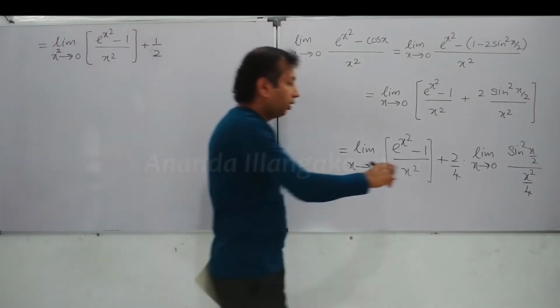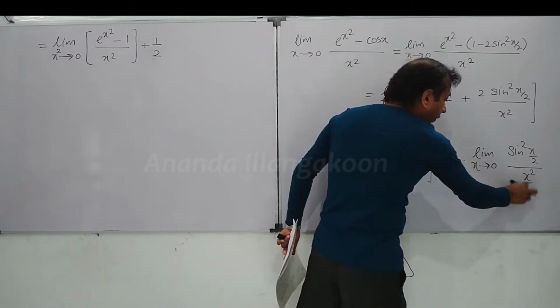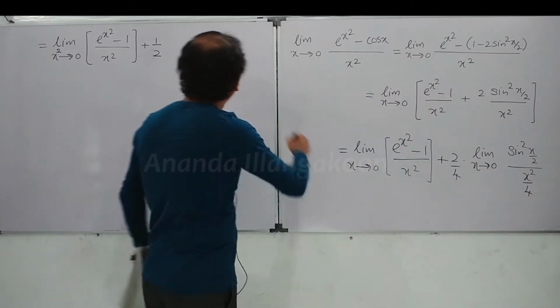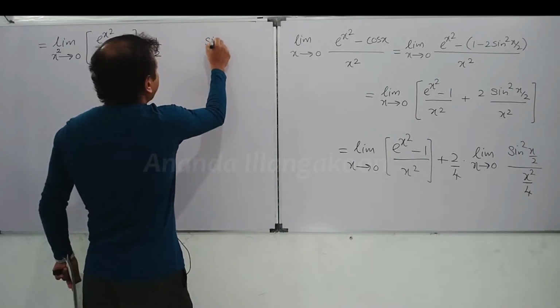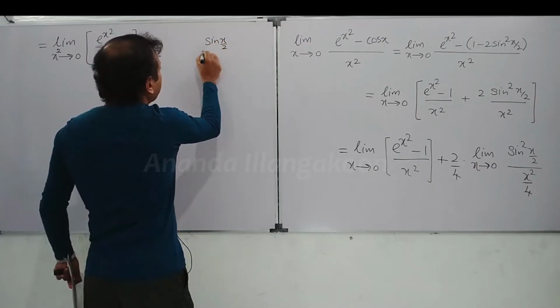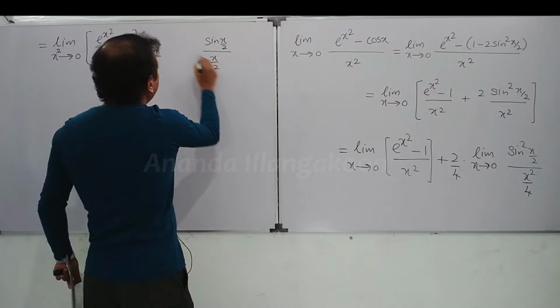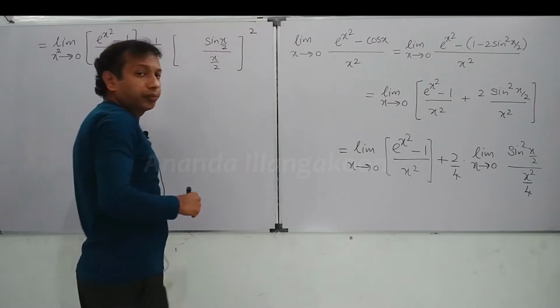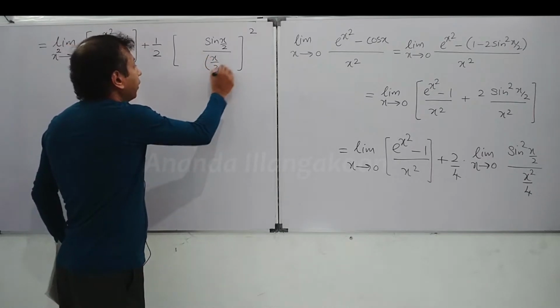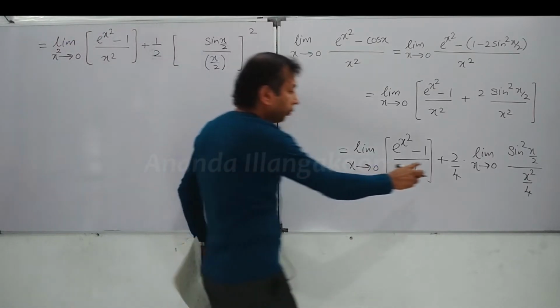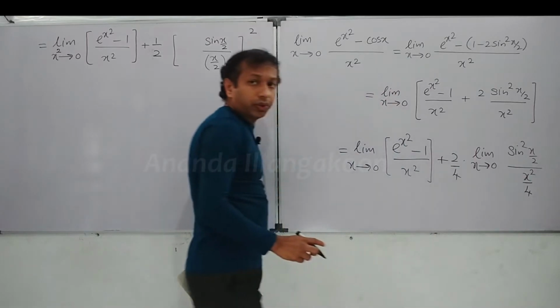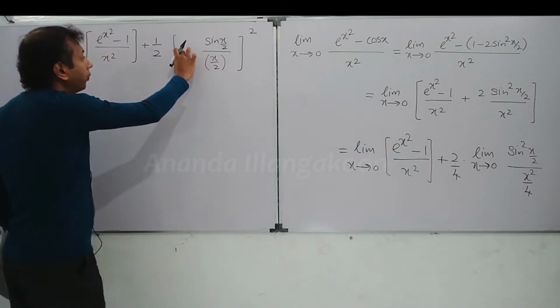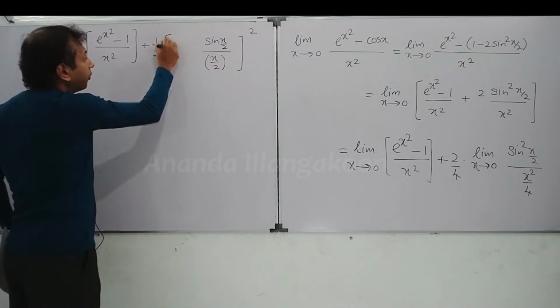Now this sine squared x by 2 divided by x squared by 4, I can write as sine x by 2 divided by x by 2, its perfect square like this, right? And now we have limit x going to 0. Limit x going to 0 we can bring inside the bracket now.